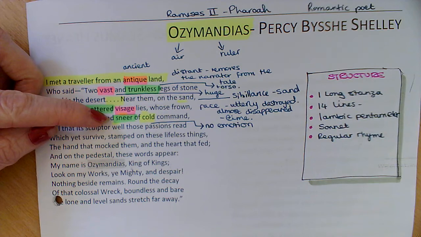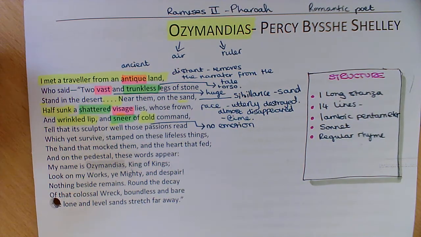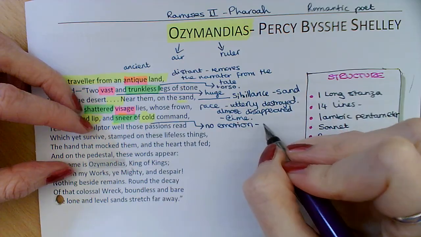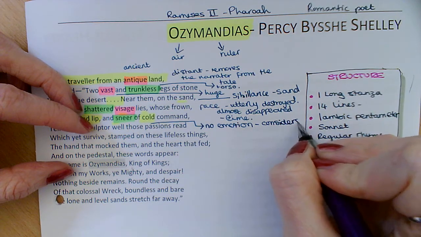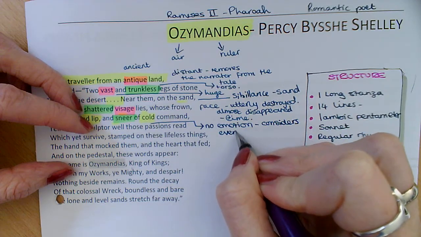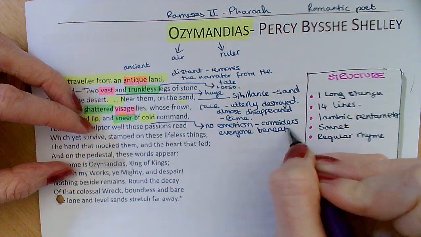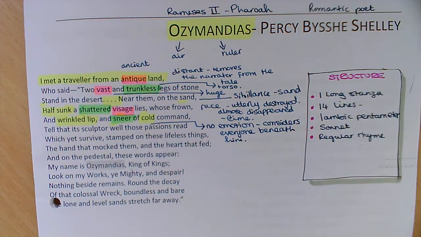You're higher than them. You're disgusted by them. So there's a lack of emotion because there's a lack of connection between him and those beneath him. So he considers everyone beneath him. He almost doesn't recognise the humanity of anyone except himself.